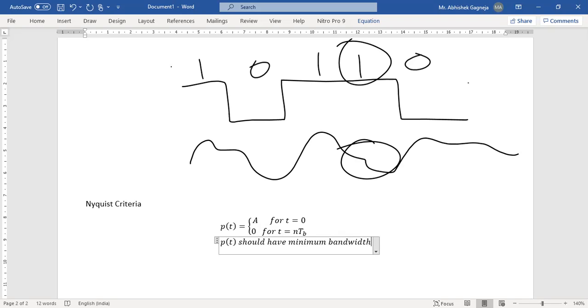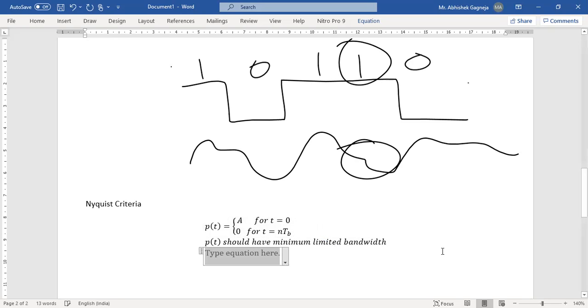So obviously we require the bandwidth to be limited, because if it is not going to be limited, then again intersymbol interference is going to happen. So we should have minimum and limited bandwidth. Okay, it should not be of theoretically infinite bandwidth. It should be a wave which is of infinite time, right? But follows the criteria as mentioned over here, and should have the minimum bandwidth. Well, that's easier said than done.